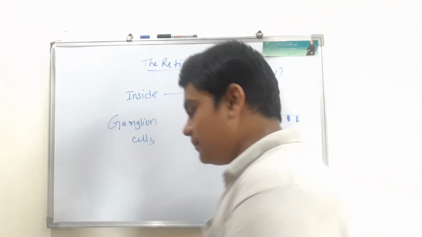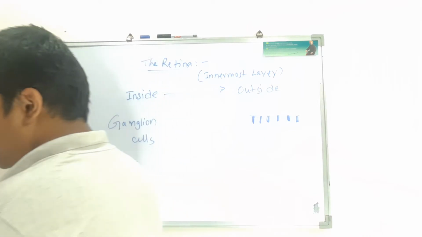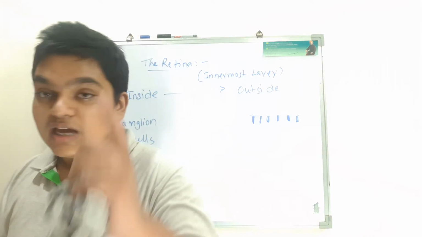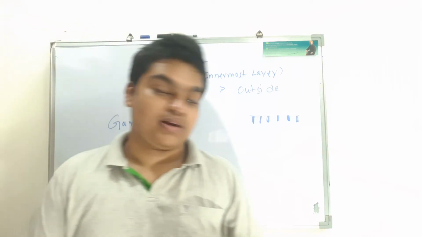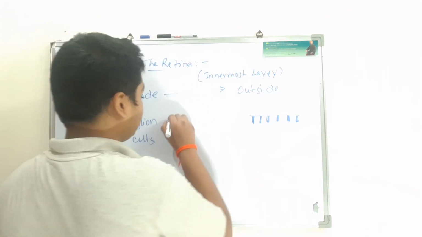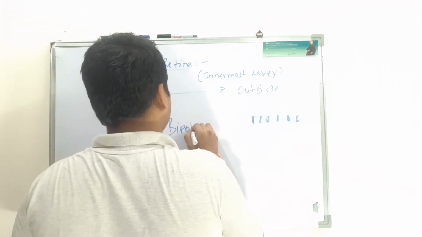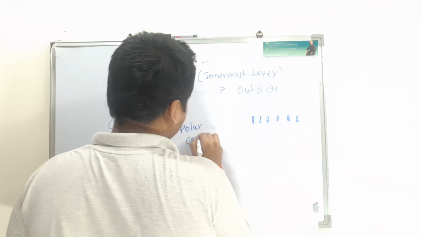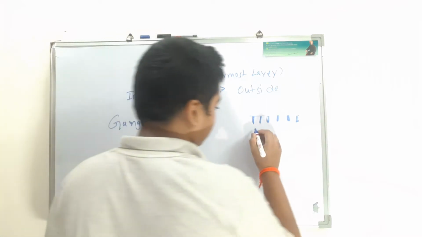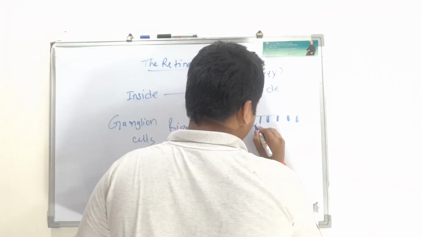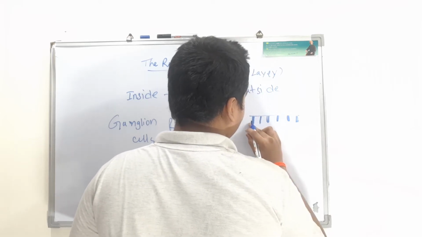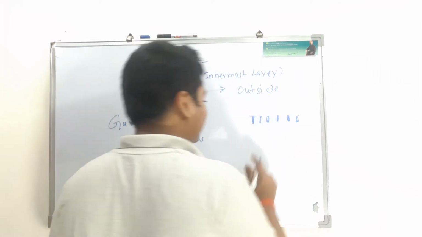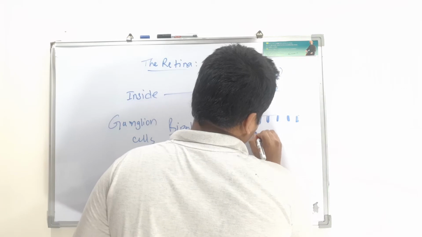Now the second part is your bipolar cells, bipolar neural cells. It is the middle layer. Here, one axon, one cell body, one dendrite.